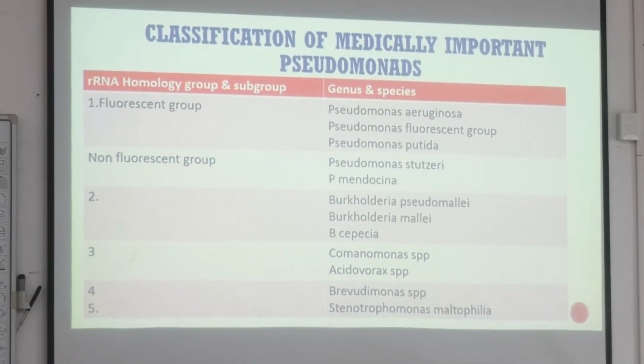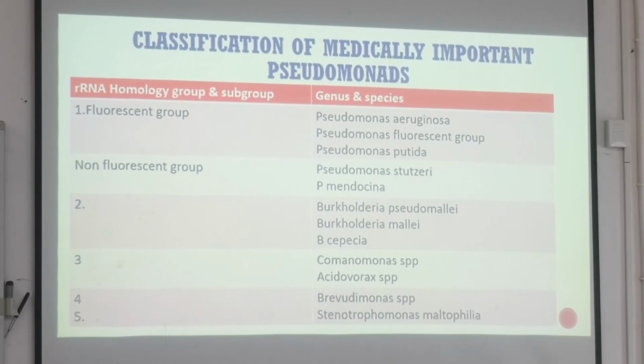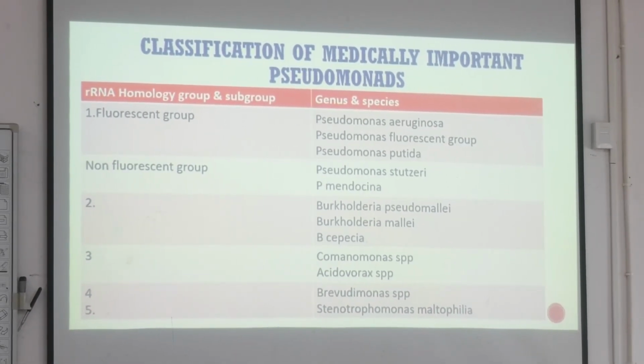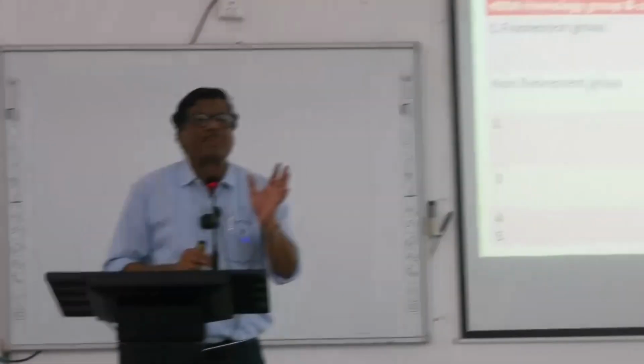If we keep the plate where Pseudomonas is producing pigment, that pigment is diffusible and diffuses out in the media, in contrast to Staphylococcus aureus, where pigment is restricted to the colony only. The entire media is colored green or blue, as per the pigmentation of Pseudomonas.